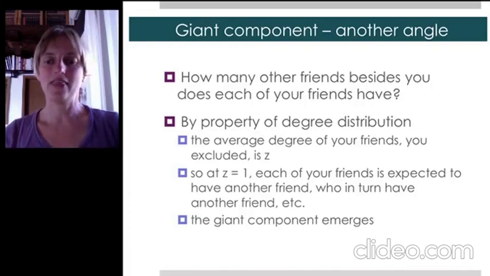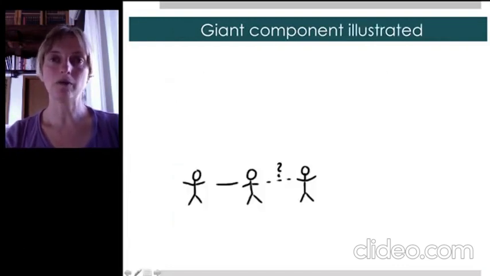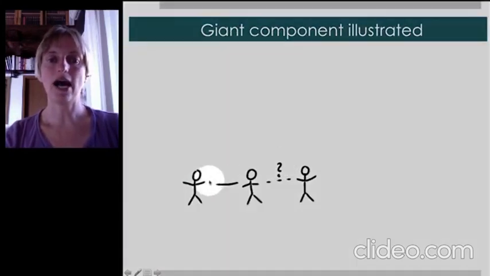And so then when we return to this idea of the giant component and the percolation threshold, what we're really asking is, I have a friend, what is the average number of other people that they know?